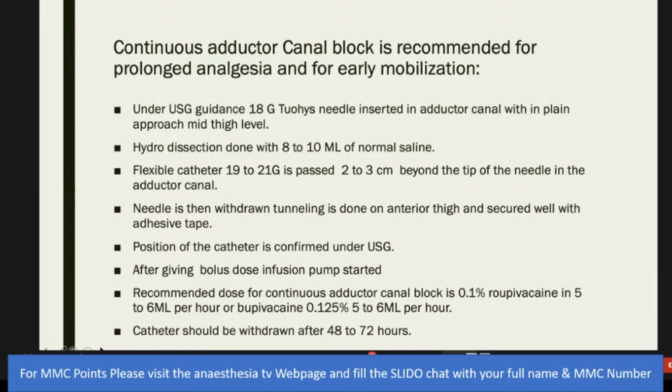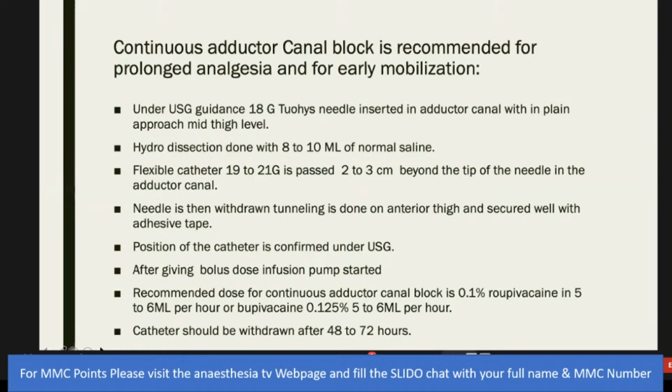A flexible catheter 19 to 21 G is passed 2 cm beyond the tip of the needle in the adductor canal. The needle is then withdrawn and tunneling is done on the proximal anterior thigh and secured well with adhesive tape.